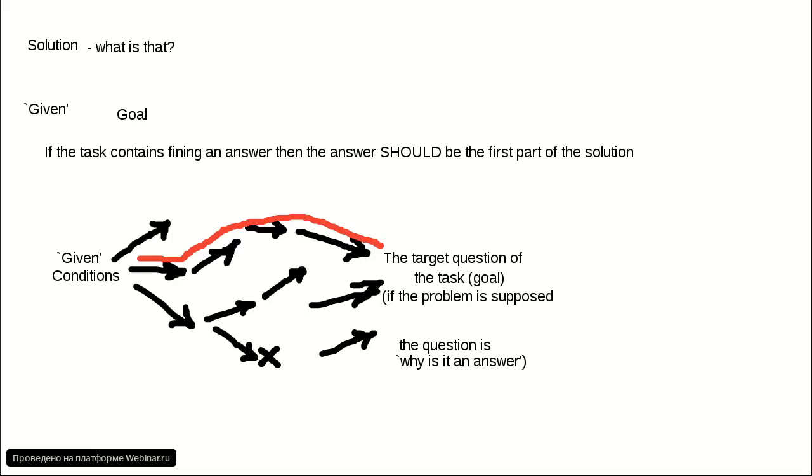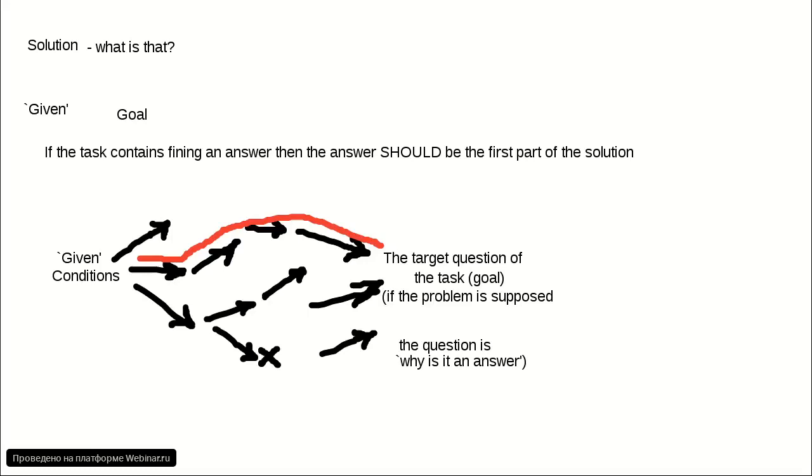Sometimes you just have a problem which doesn't suppose any answer. In this case, you definitely shouldn't give an answer. But if the answer is supposed, then the answer is the main goal. And the second goal is explaining the answer.